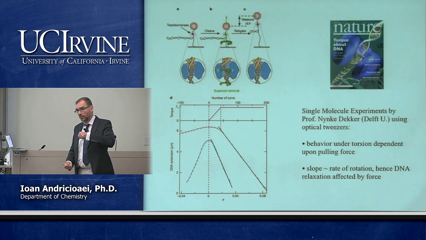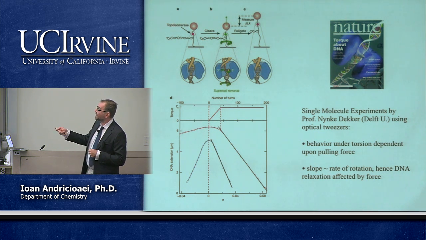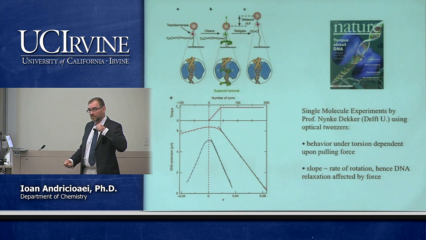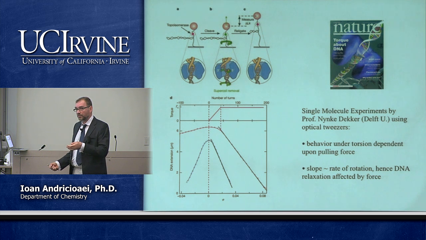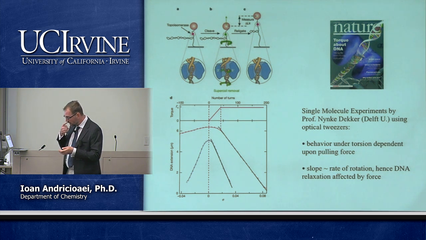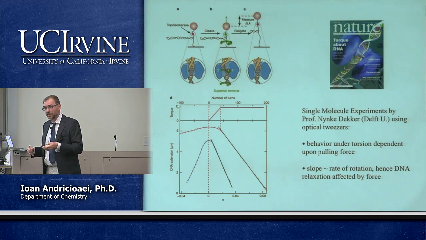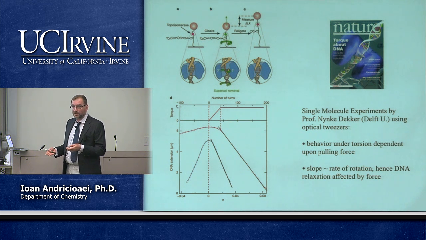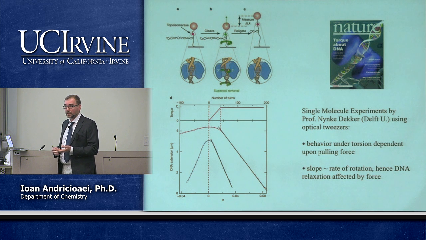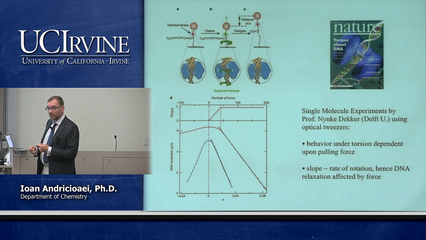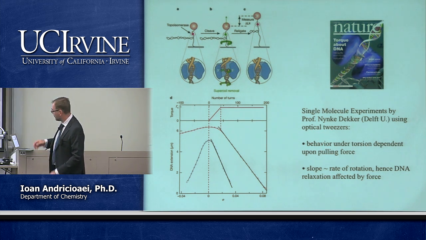Each time a supercoil was removed, because there was tension upwards on the magnetic bead, a jolt was felt in the measurement apparatus. So in other words, the number of jolts is equal to the number of times the DNA has rotated, which is equal to the number of times the topoisomerase performed its enzymatic function. So divided by unit time, this will give you the rate of the kinetics involved in DNA supercoil relaxation, measured one molecule at a time.